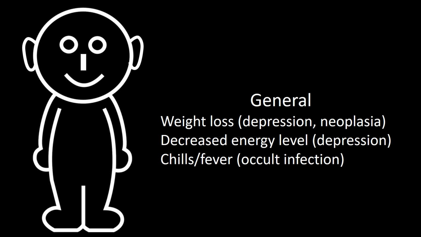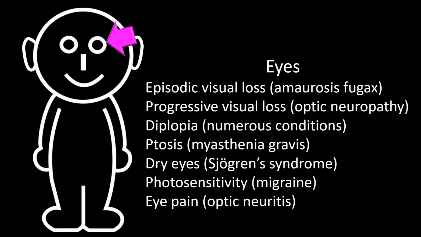In the general section, I like to ask about weight loss, energy level, and about the presence of chills and fever. Ask about head trauma, about the eyes, ask about visual loss issues, episodic and progressive visual loss, double vision, ptosis, dry eye, photosensitivity, and eye pain.